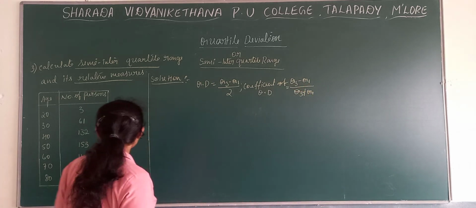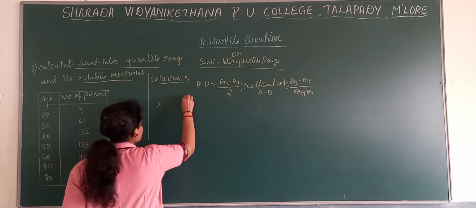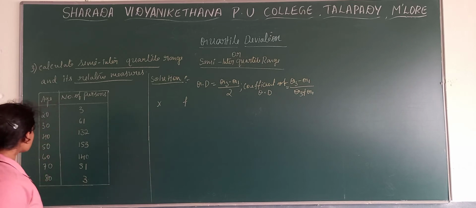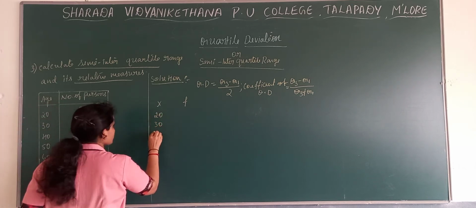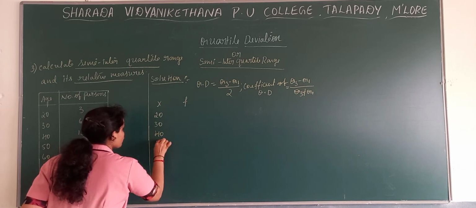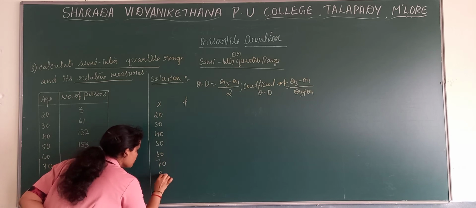Now we'll take the table they have given, that is X and frequencies. The X values go like 20, 30, 40, 50, 60, 70 and 80.